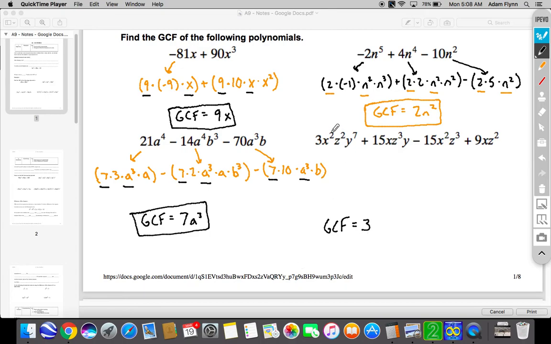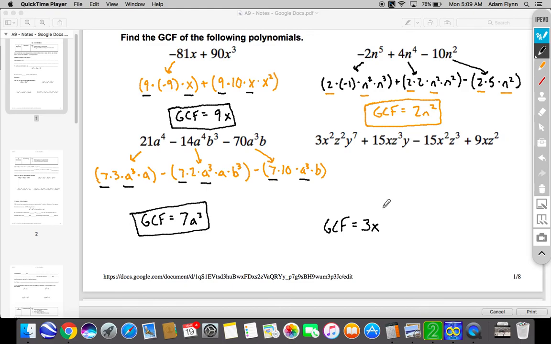Now I'll take a look at my next term, which is my x. So x squared, x squared, and x. So my smallest exponent of 2, 1, 2, and 1 is 1. So I know I'm going to have an x to the first power in there. Now if I take a look at my z's, my next term, I've got z squared, z cubed, and z squared.